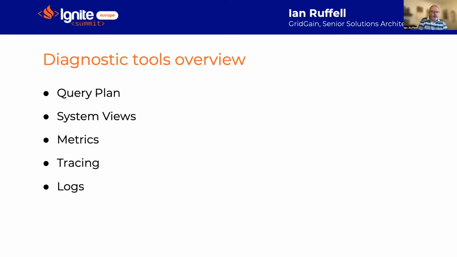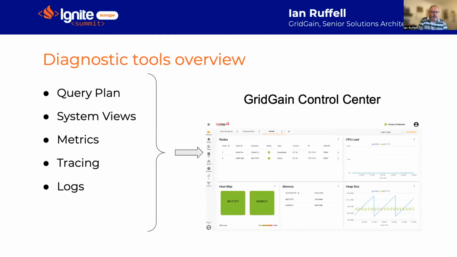There's also tracing, so we can see the various different parts of a query, how they're executed around the cluster, and timings associated with those. And then last but not least, there are logs, where if there are hints on a query, they can show up. All of these things are inside GridGain Control Center, and we'll pop over now and have a quick look at some of the tools we can use.